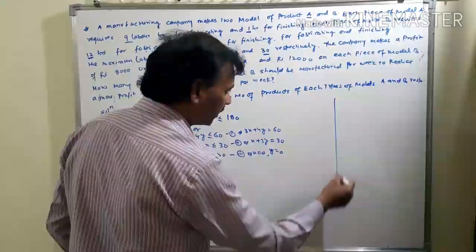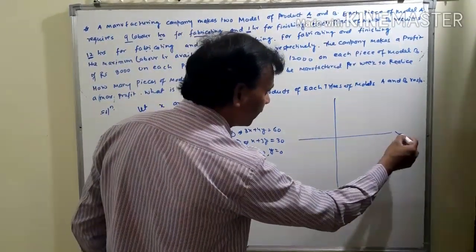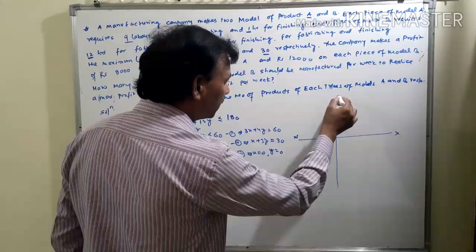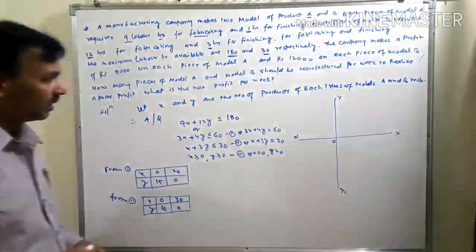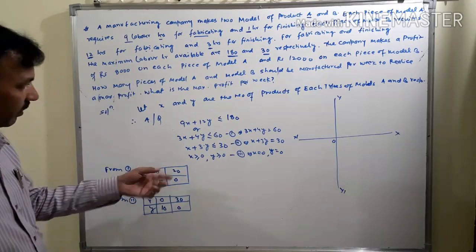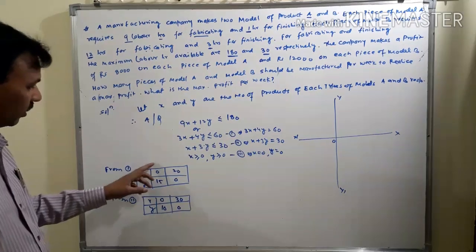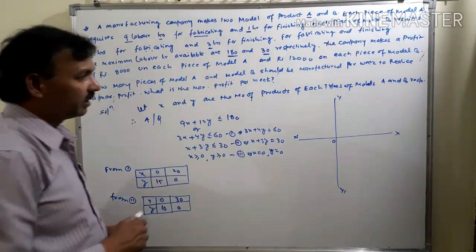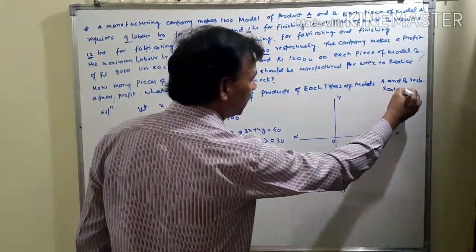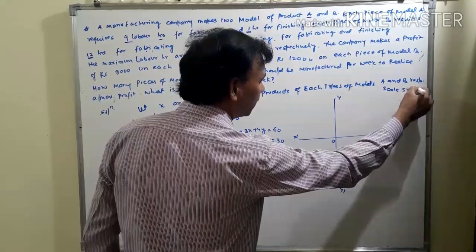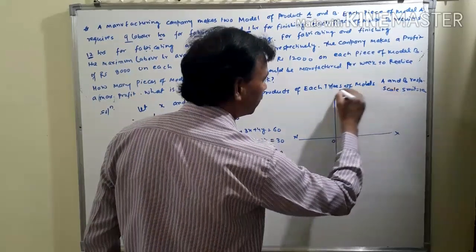Here, draw the graph: x, x dash, y, y dash, and this is the origin. First draw the graph of the first equation, 0, 15 on the y-axis. First write the scale here. Scale is 5 units equal to 1 centimeter.